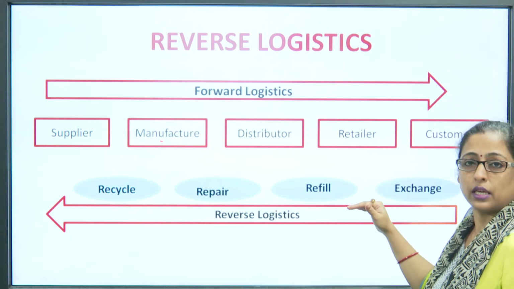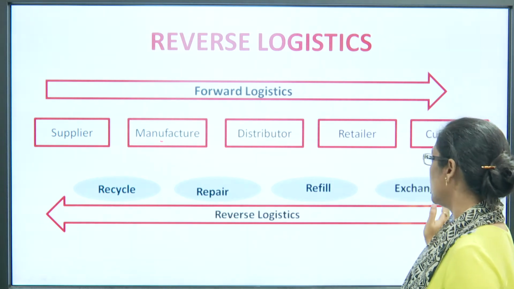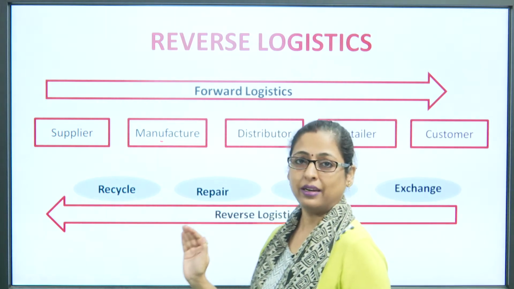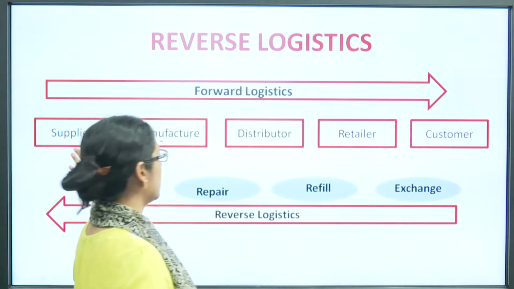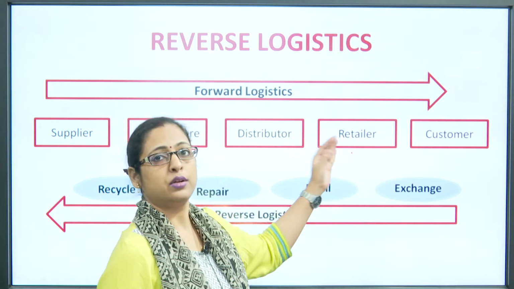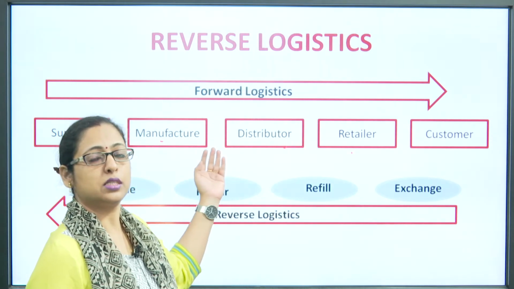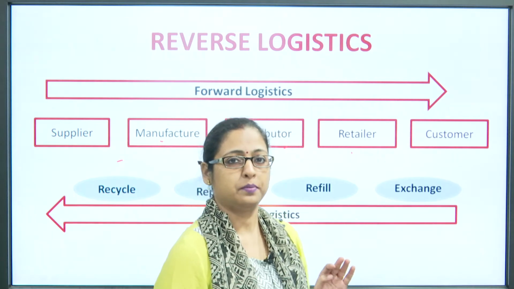But the opposite concept is called reverse logistics, in which the flow of material is from customer end to supplier end. That means the customer sends the goods to the retailer, the retailer sends them to the distributor, the distributor sends them to the manufacturer, and so it goes back to the supplier.